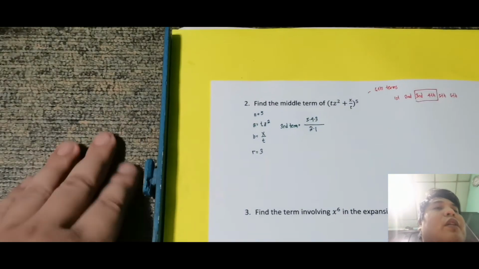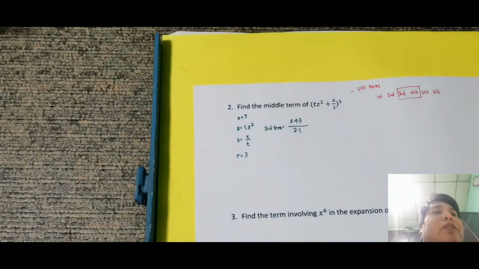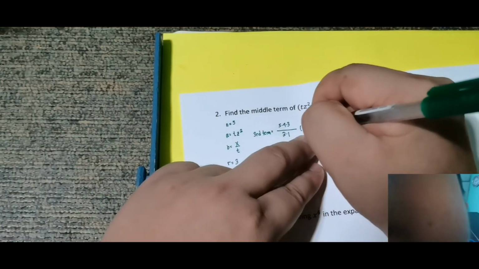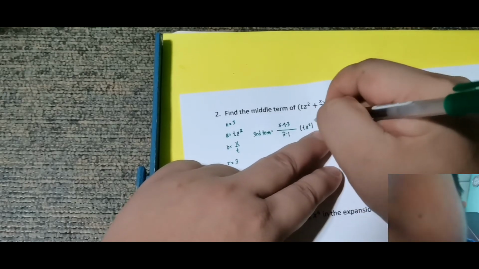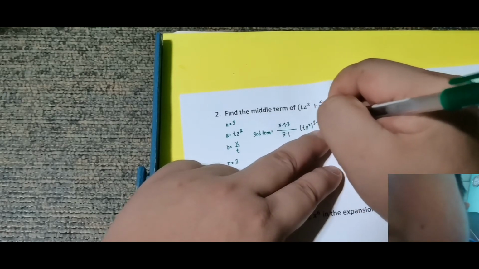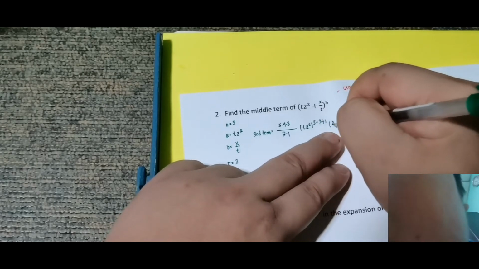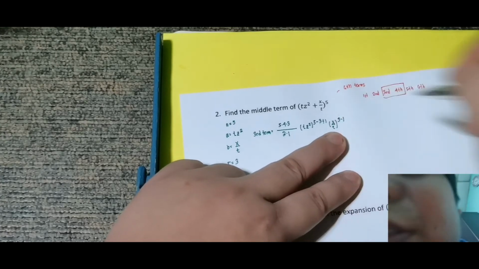Okay, then next natin is yung a raised to n minus r plus 1, no? So that is a, so ano yung a natin? Tc squared raised sa n minus r. So this is 5 minus 3 plus 1. Tapos x over t raised sa r minus 1. So that is 3 minus 1. Okay, yan yung third term.